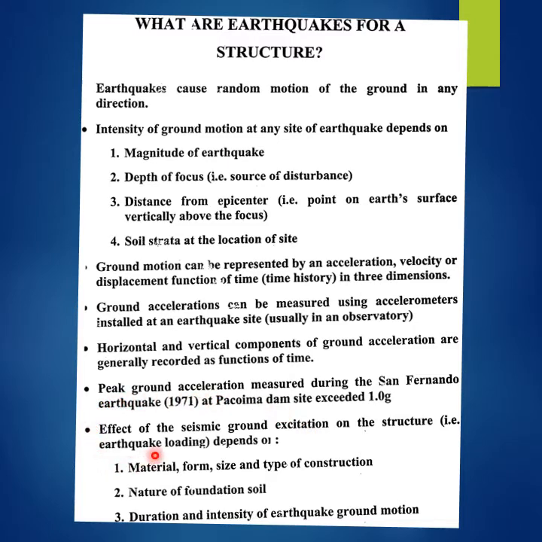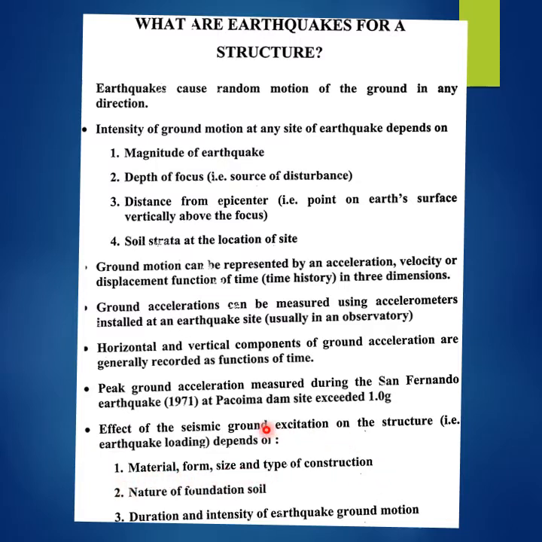Qualitatively, the effect of the earthquake ground motion or the seismic ground excitation that occurs at the building site on the dynamic response of the building structure to the earthquake depends on three general parameters.